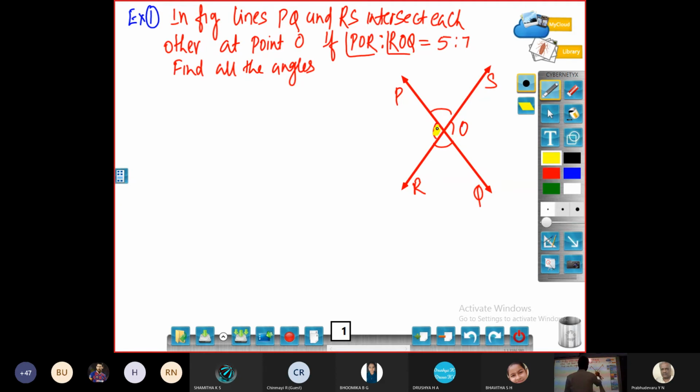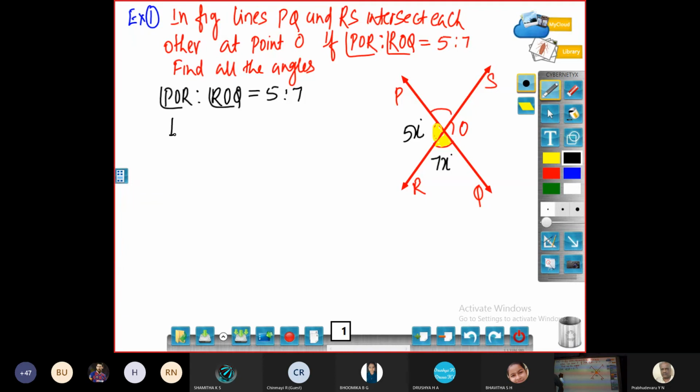POR means this angle. I am highlighting with yellow color. POR and ROQ, these two angles are in the ratio of 5:7.